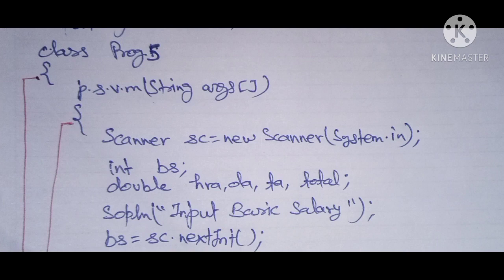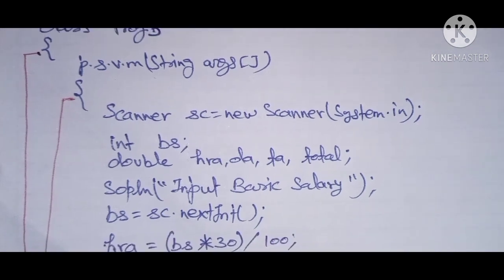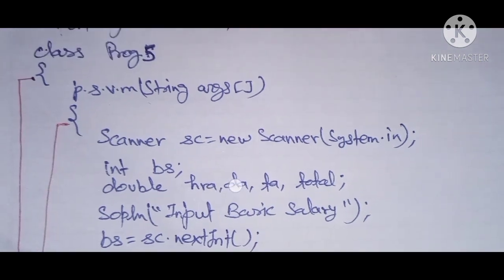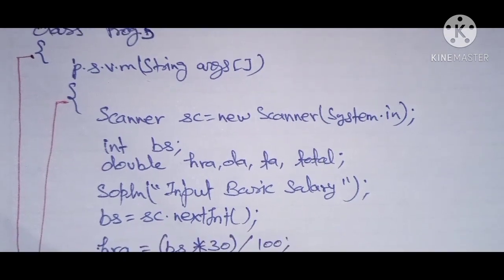Okay, and after that, I have taken int bs to store the basic salary. And here you can see I have written double HRA, DA, TA and total. Double type I have taken for all these variables because if we calculate the HRA, DA, TA in respect of percentage, then it may be possible that it may be in decimal form.